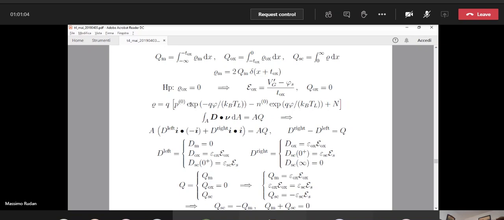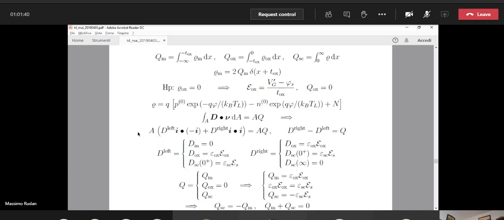You remember that p0 and n0 are the values of the concentrations where we have taken the 0 of the electric potential, that in this case is in the asymptotic region of the semiconductor. The semiconductor is of the P type, so p0 is actually PP0, you remember the symbol, and n0 is NP0, okay?